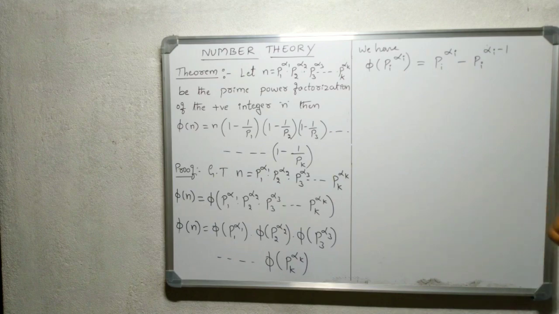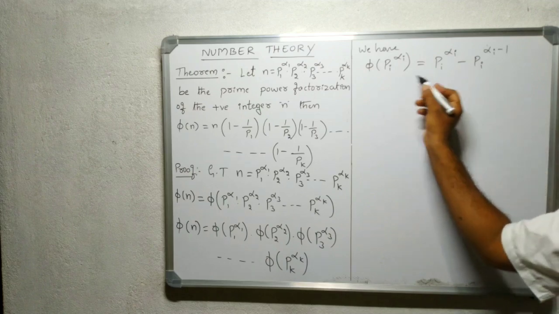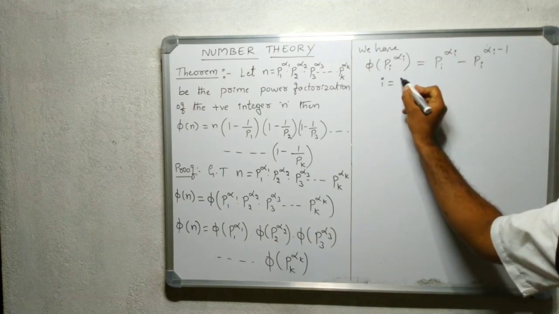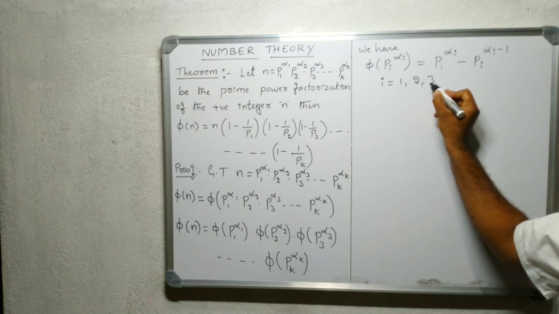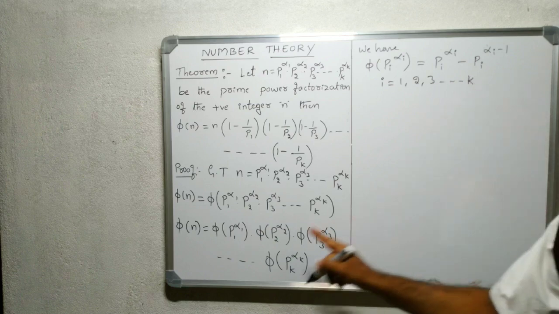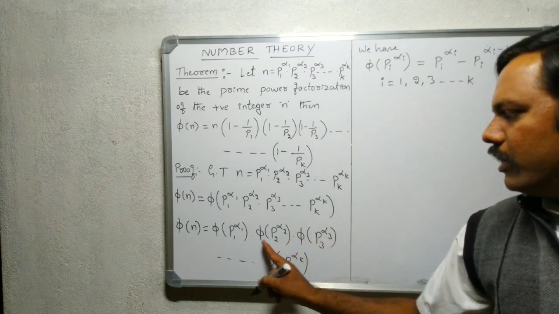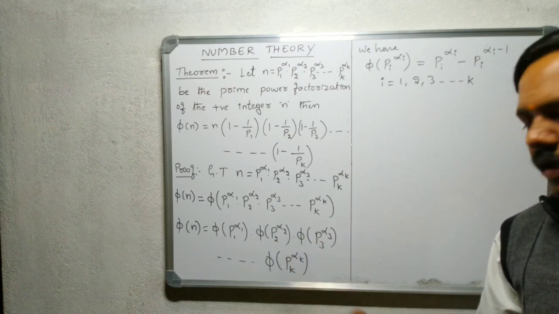Is it understood? Next, using this result, here i means 1, 2, 3, so on k, because here i varies from 1, 2, 3, so on k.